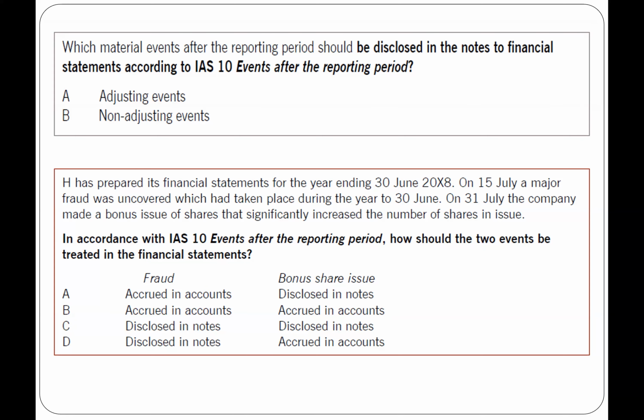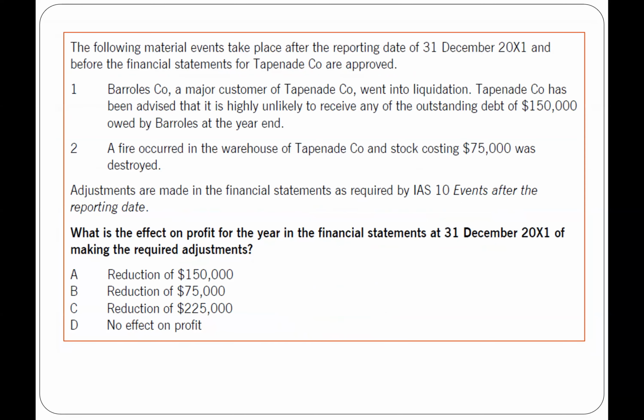Right, so again, I've put some more questions for you to look at and research on them. Maybe let's look at this together. The following material events take place after the reporting date of 31 December 2021 and before the financial statements of Tapenet Company are approved.